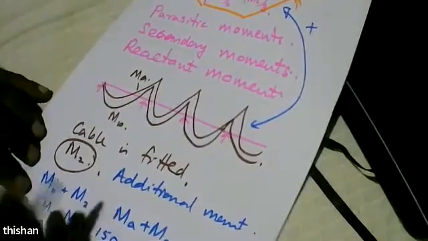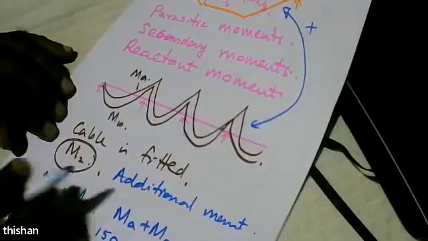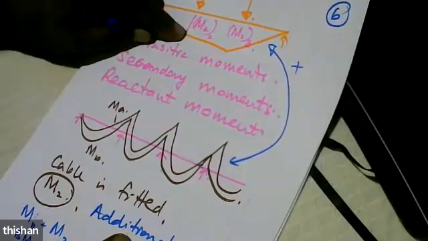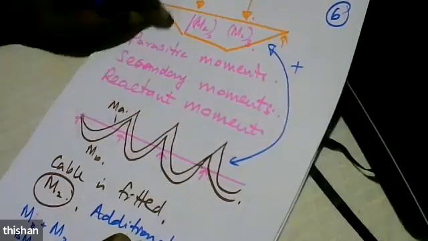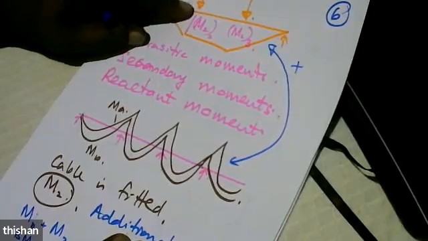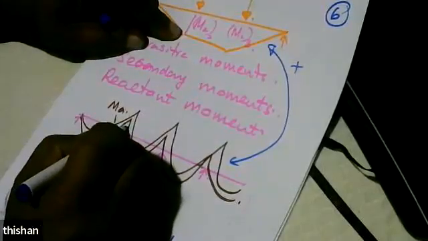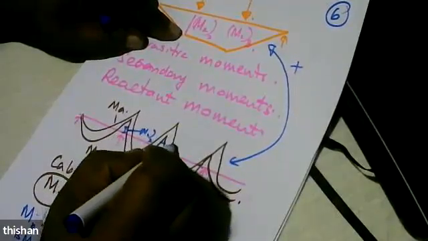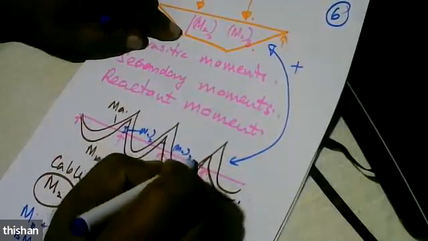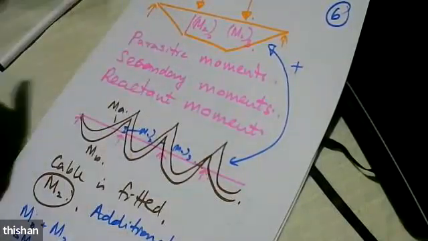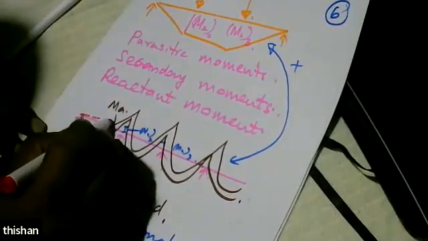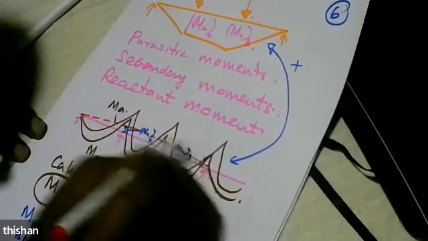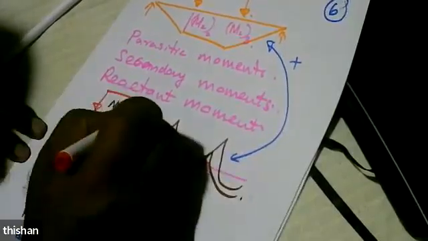So what we do is, when you want to add two bending moment diagrams with the principle of superposition, and if this is sagging and this is the normal envelope, this is sagging, we actually mark M2 here, mark M3 here, and then we'll draw a line like this, and we consider that as the new origin of the bending moment diagram.